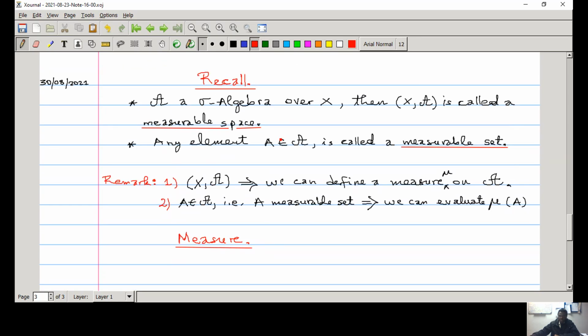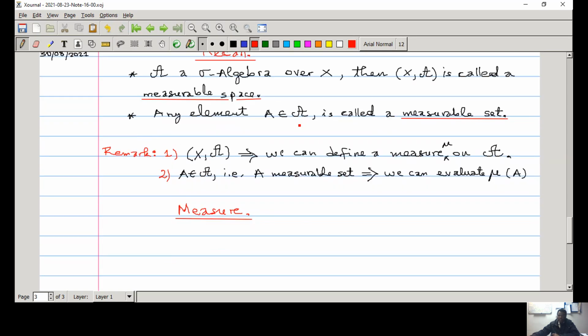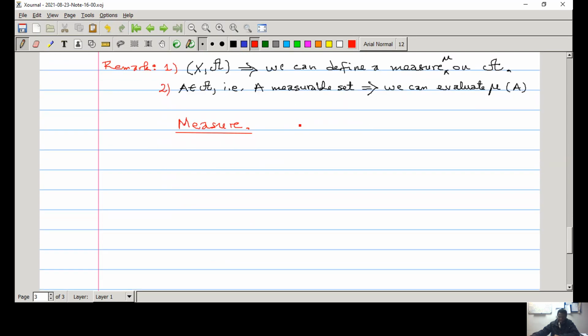Okay, so we need a measurable space in order to define a measure, right? So what's a measure? A measure is nothing else than a map or a mapping from A to R plus. Of course, R plus including infinity, because the measure can take on the value infinity.